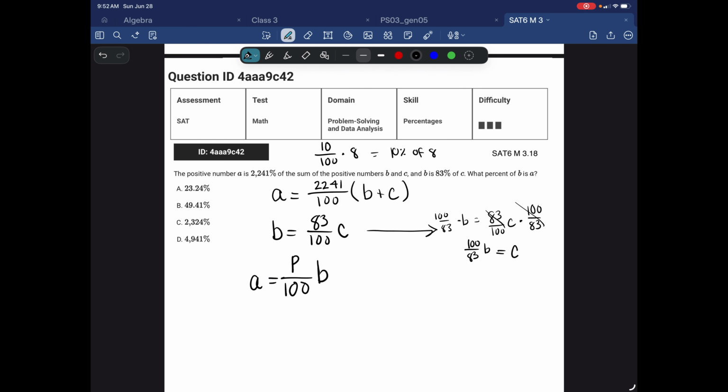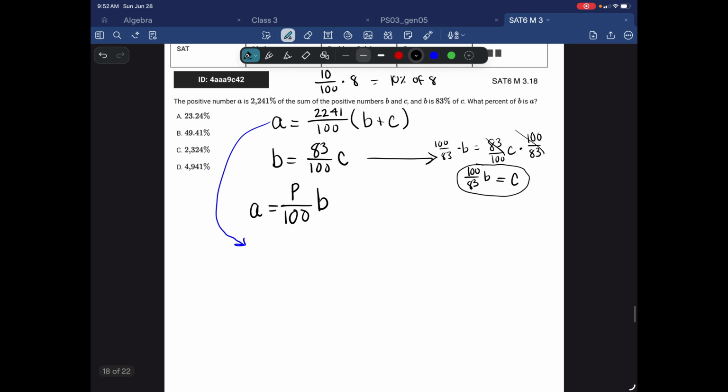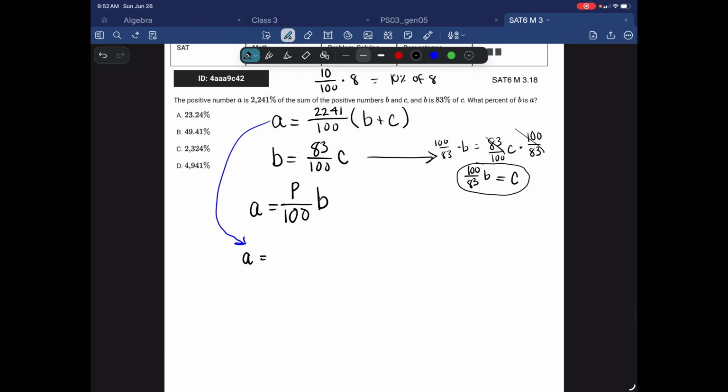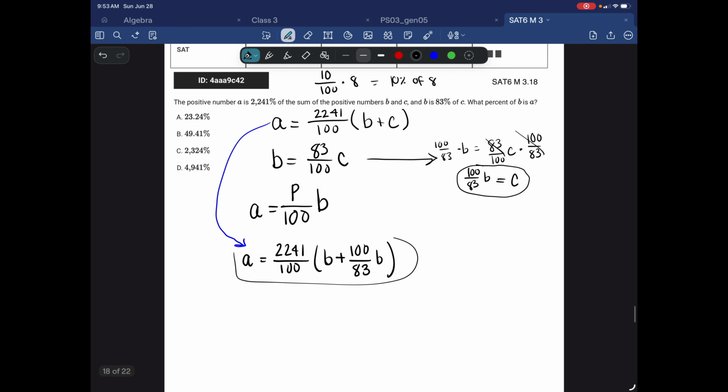Now I can plug in this for C so that the equation is only in terms of A and B. So I have A equals 2,241 over 100 times B plus C, which can be rewritten as 100 over 83 B. Okay. Now my goal is basically to make this look like this in a way.